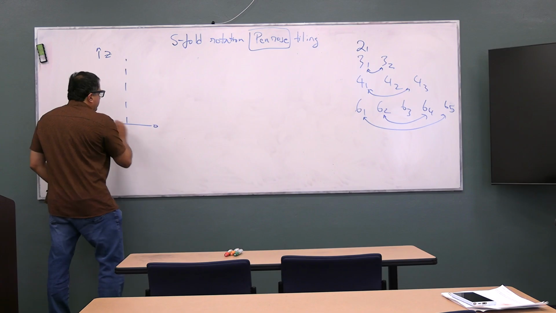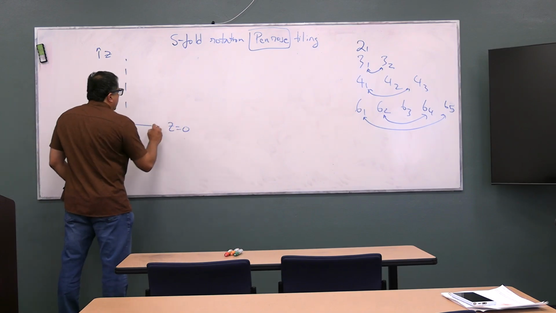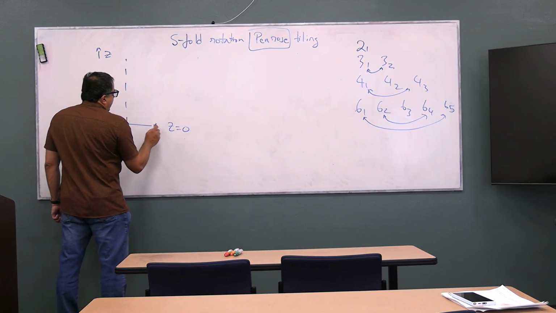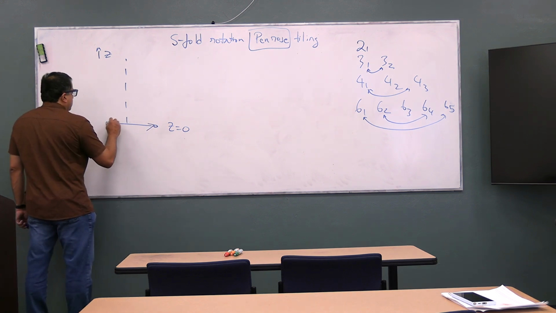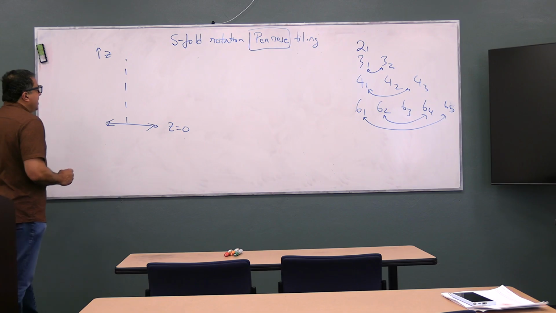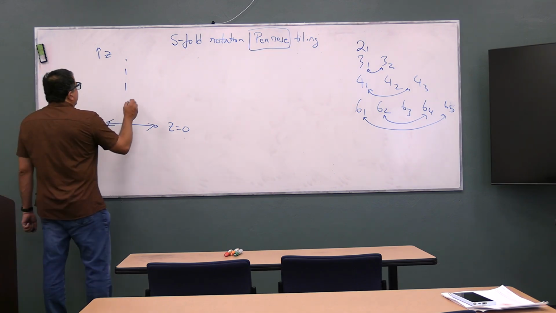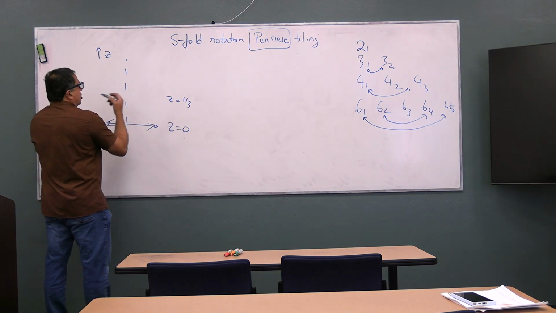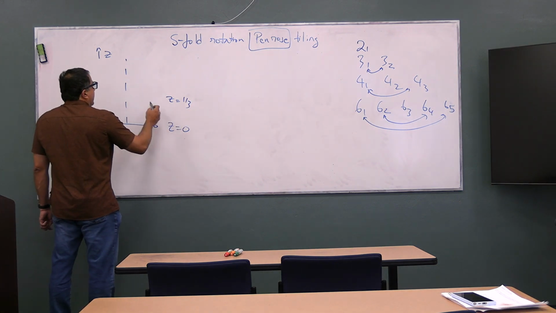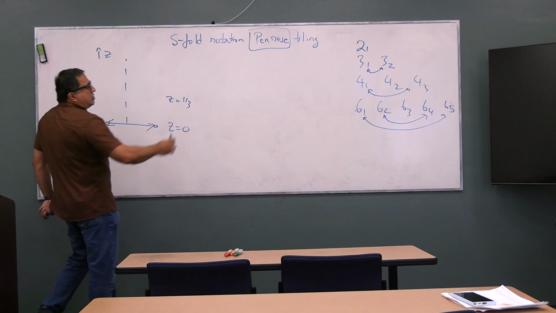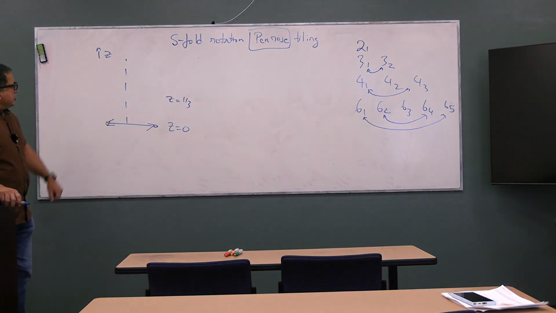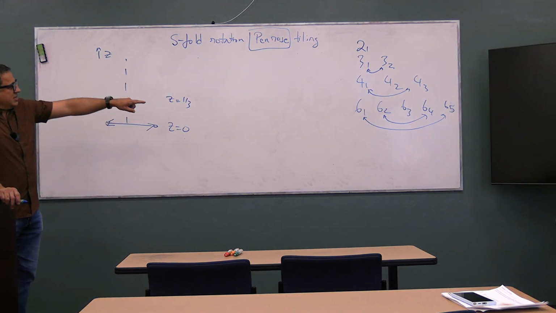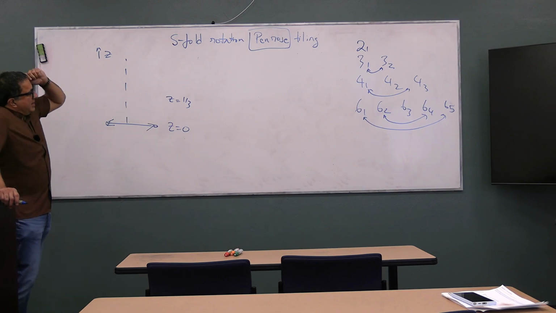So if this is z equals 0, let me actually again use the letter R here. Then at the 1/3 level, at z equals 1/3, and let's go clockwise.